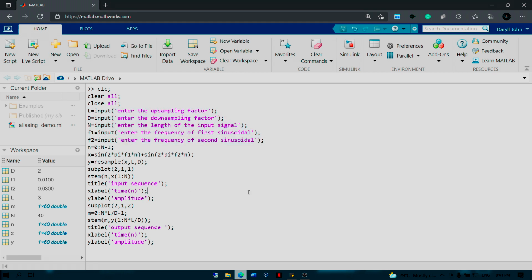After which we have this equation, which is responsible for creating the value of x with respect to the value of pi and the first and second sinusoidal. After which we'll take our y as the resampled value of x with respect to our upsampling and downsampling factors. Then after which we'll plot them.